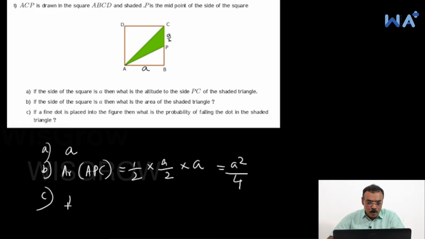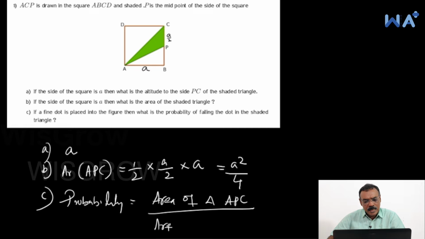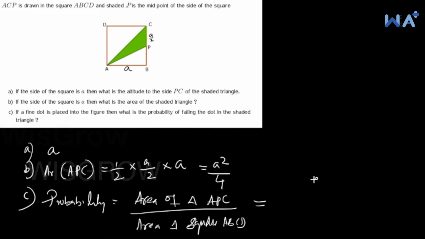That is, probability is equal to area of triangle APC divided by area of square ABCD. That is equal to A squared by 4 divided by area of the square, which is A squared. That is A squared by 4 into 1 by A squared.